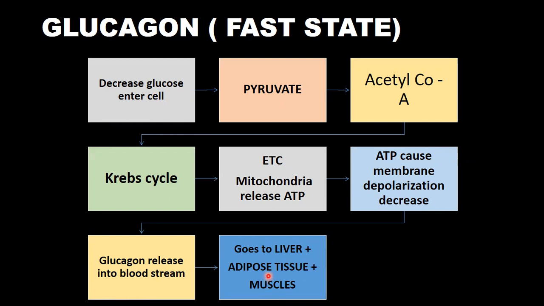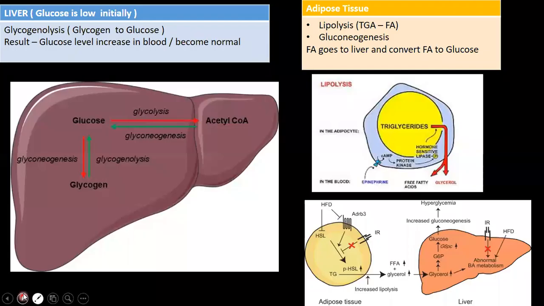In insulin also, the insulin is released into the bloodstream. So in the fasting state, we see glucagon acting on the liver, adipose tissue, and the muscle. When we talk about the fasting state, the first thing we need to remember is that in this state we have a low blood glucose level, and the correction we need to do is to increase our blood glucose level.